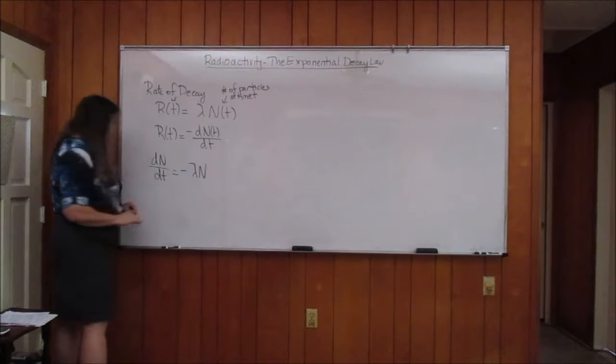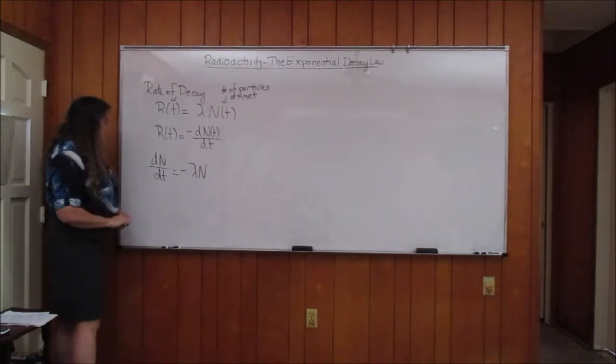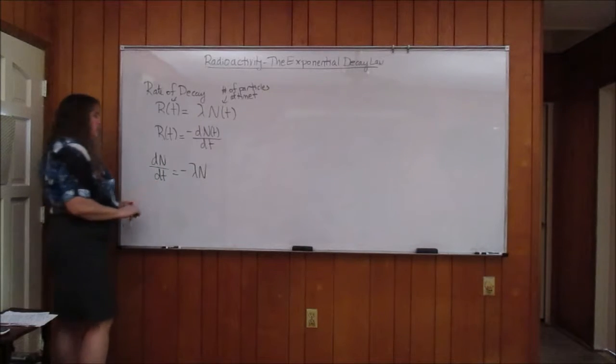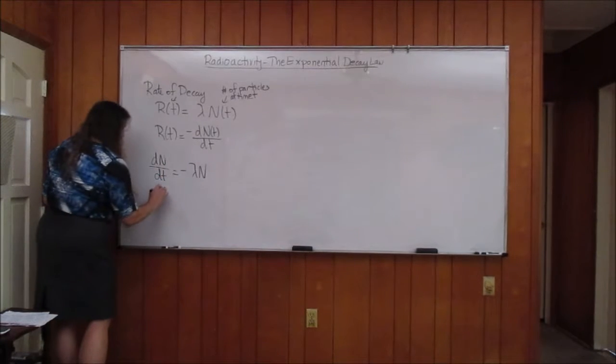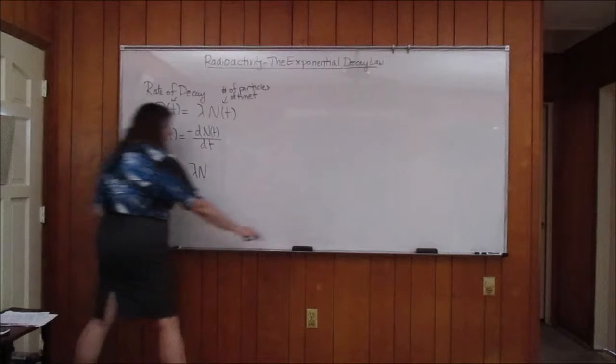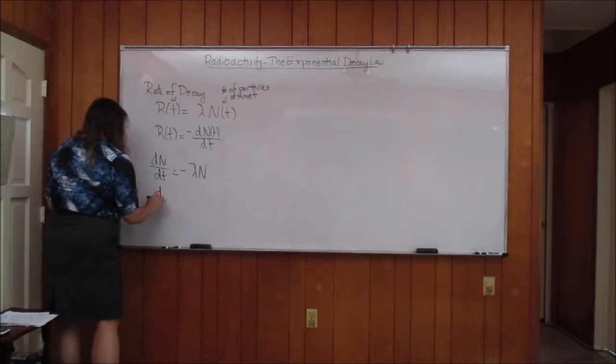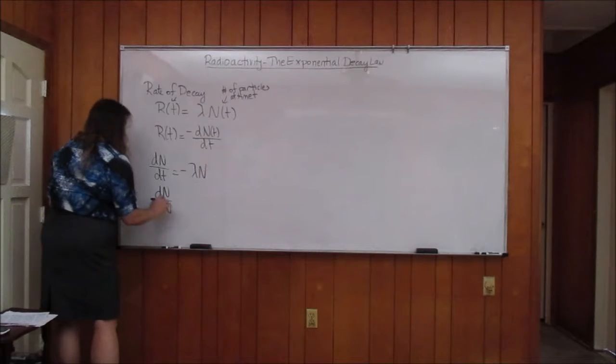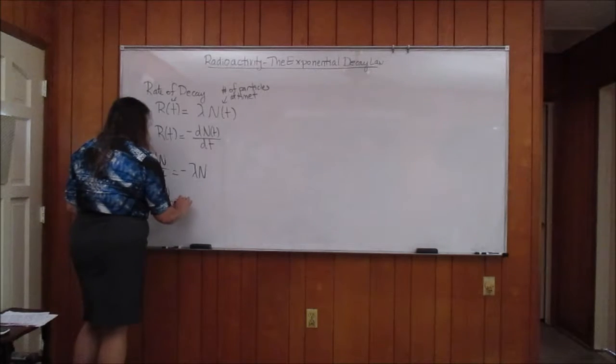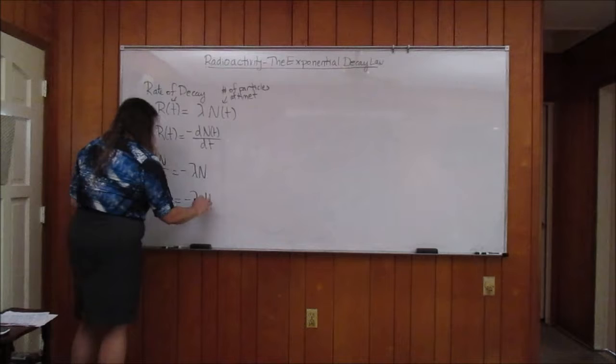So this is a first order linear differential equation, and we're going to combine like terms on each side, so this becomes dN over N is equal to minus lambda dt.